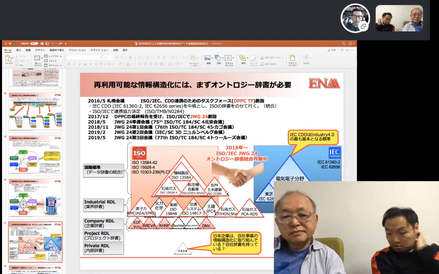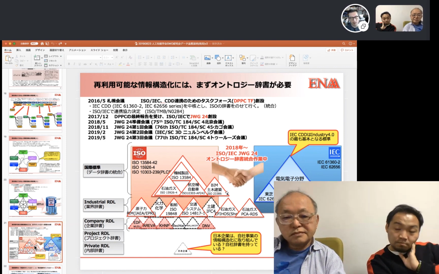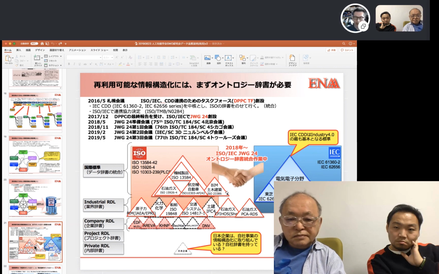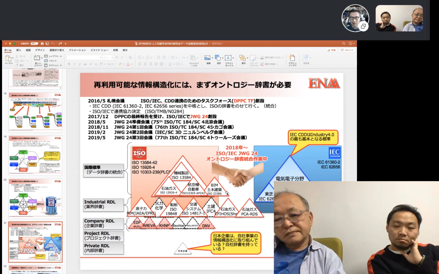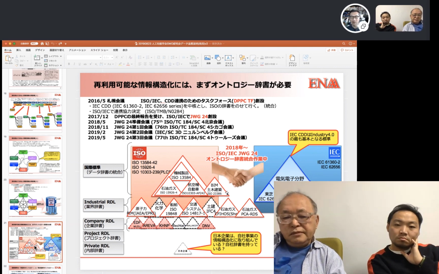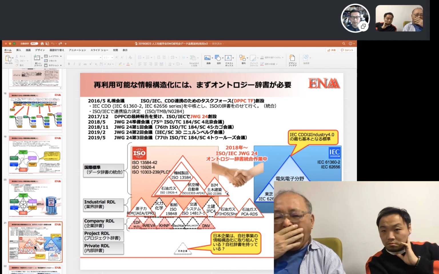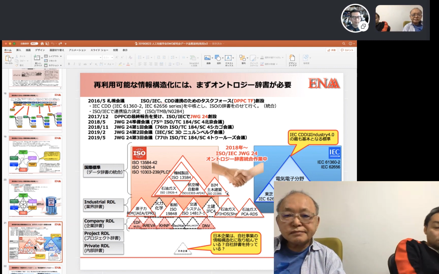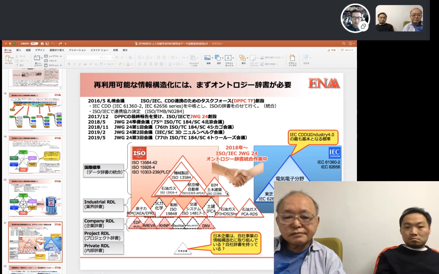If we look at the commercial field, many people talk about digital transformation, digital twinning, digital thread, or Industry 4.0. But those are just superficial things, in other words, just buzzwords.